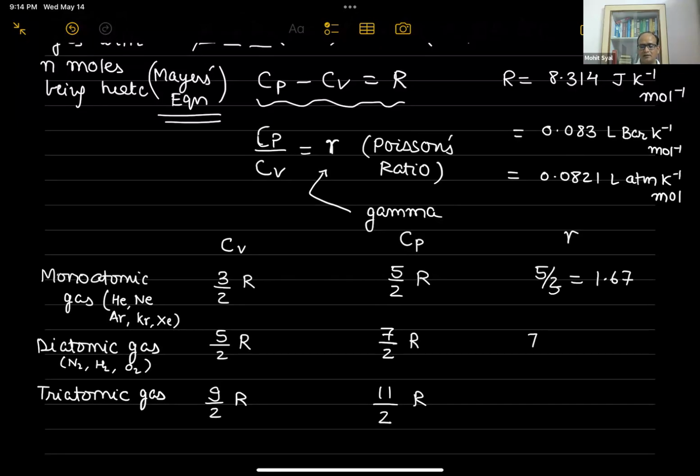So how are you calculating it, or are they fixed values? It is calculated by degrees of freedom. Degrees of freedom means in how many different ways the molecule can rotate or move. That will be covered in kinetic theory of gases in physics also, same thing.